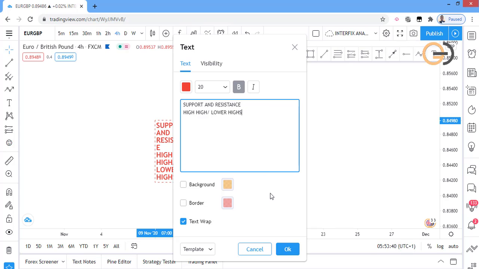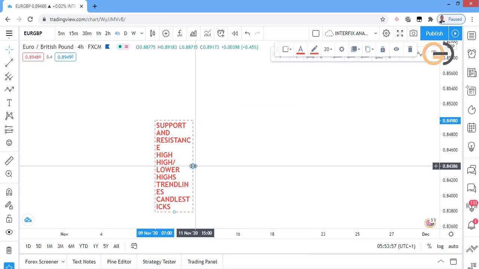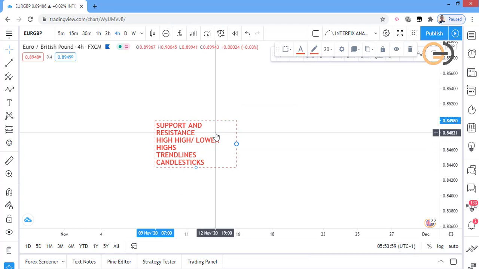Okay, we'll be looking at these areas to take our trade. We're looking at trend lines, and then we'll be looking at candlesticks.